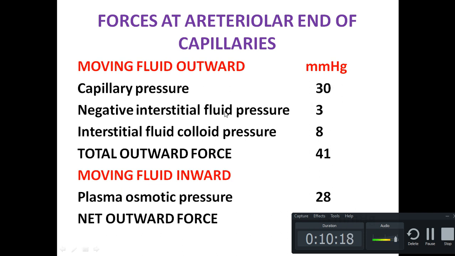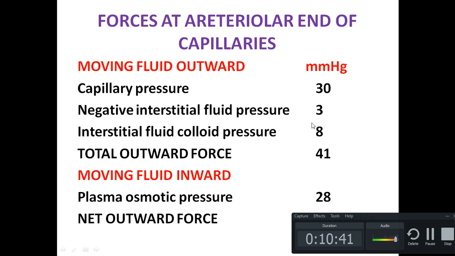Then the negative interstitial fluid pressure, the pressure in the interstitial space, and since it is in the negative direction, it will always be causing the fluid to come out of the capillaries into the interstitial space. The third pressure is the interstitial fluid colloid osmotic pressure, which is 8 millimeter of mercury.